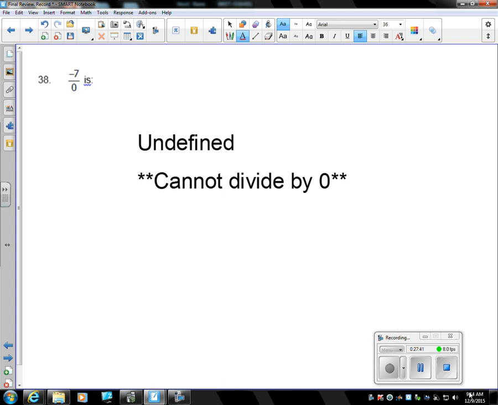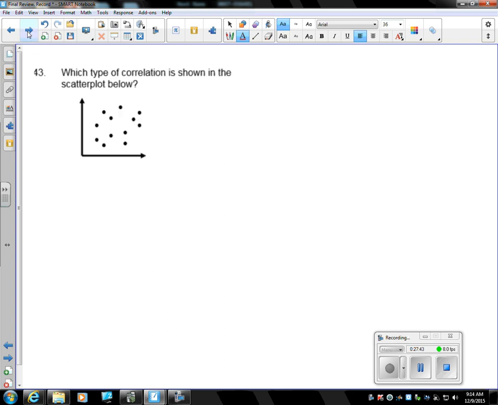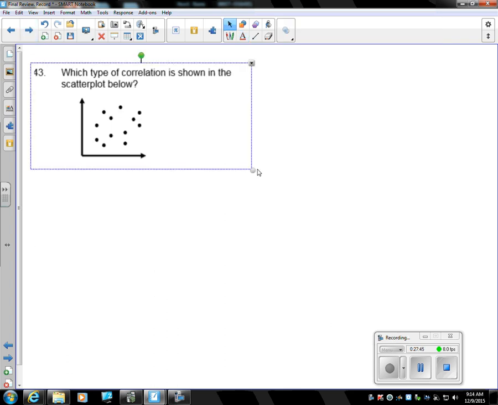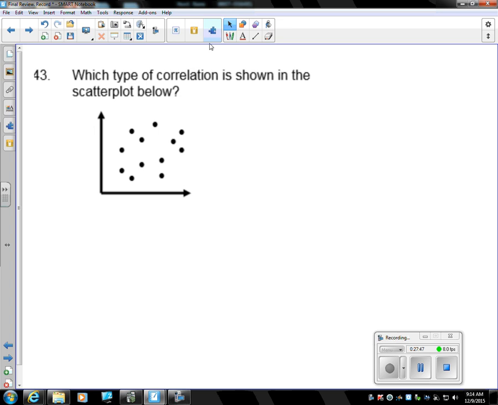The next one is number 43. What type of correlation is shown in the scatter plot? Right? So we can either have a correlation that is positive, and we know a positive slope goes uphill. We can have a negative correlation, which means the data is going to be going downhill.